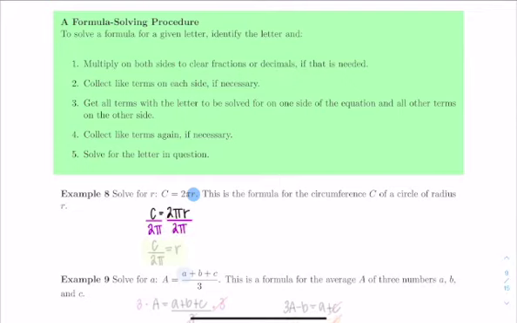And so on the right, the 2's cancel and the pi's cancel, and we end up with C over 2 pi is equal to r.